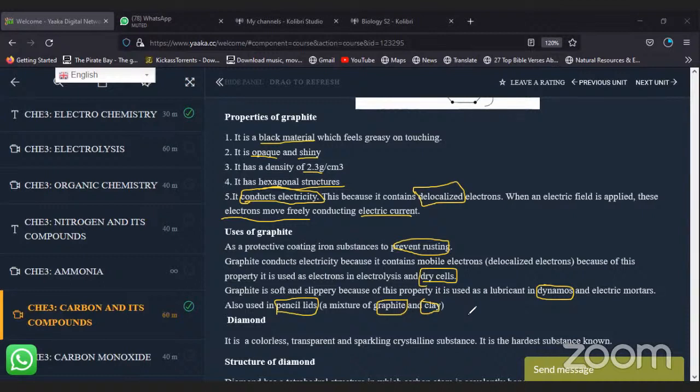If you use graphite only, of course, it's going to be very soft due to its properties. So it's important to mix it with clay or any other substance to make sure that it can write or draw. So those are the uses of graphite.